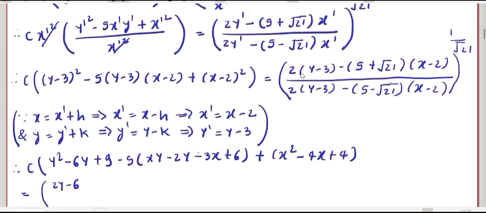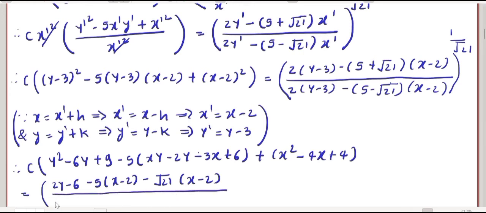Similarly, take the same procedure on the denominator, we get minus 5 x minus 2 minus under root 21 into x minus 2 divided by 2y minus 6 minus 5 into x minus 2 plus under root 21 into x minus 2, raised to 1 upon under root 21.